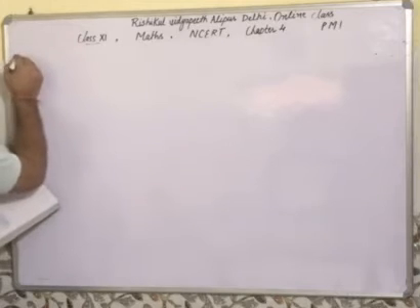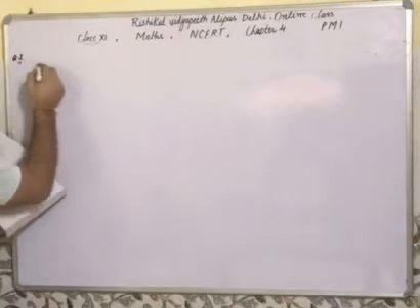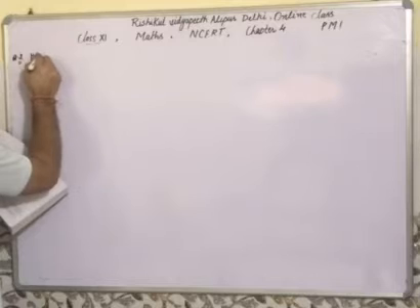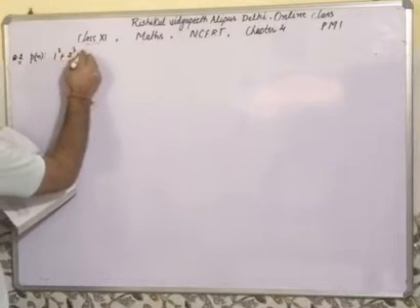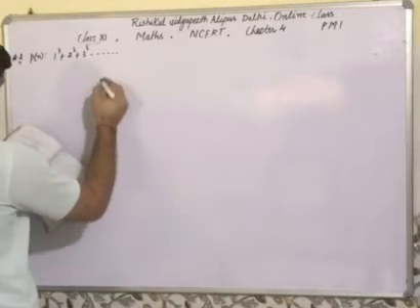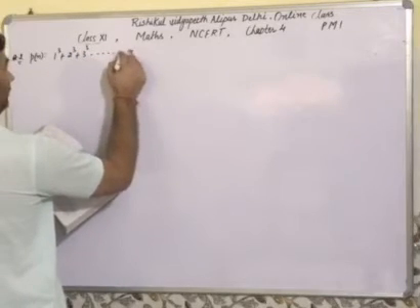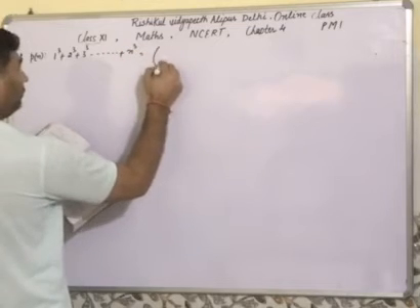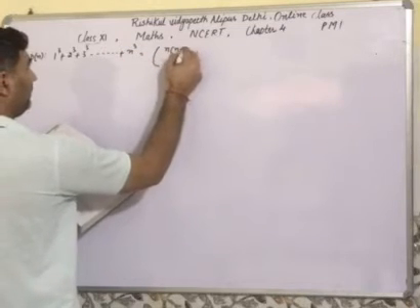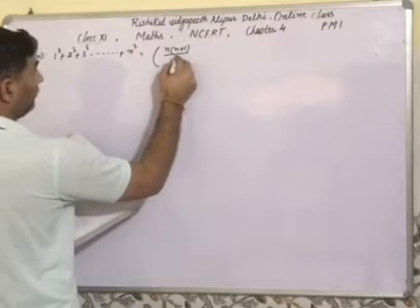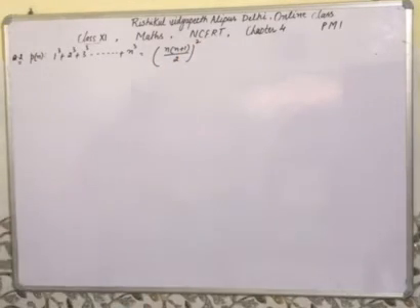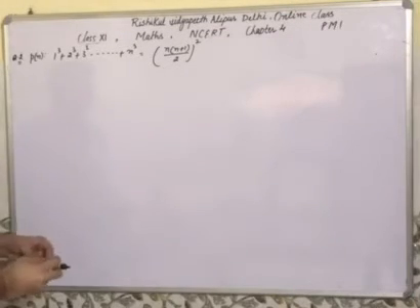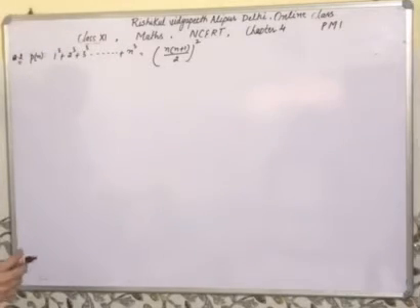Question number 2. P of n: 1 cube plus 2 cube plus 3 cube and so on up to n cube is equal to n into n plus 1 divided by 2 and their square is the formula of sum of cube of n natural numbers.